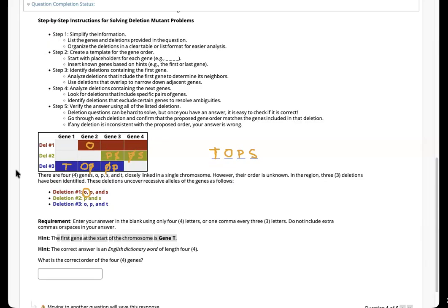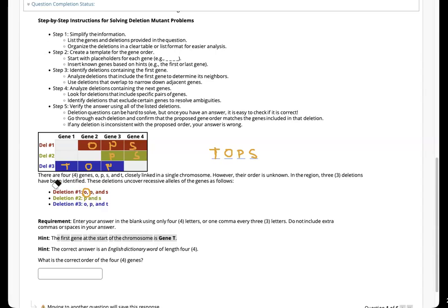And as step 5 says, let's go through and make sure it all makes sense. I'm going to write this one as TOP. This one would be P and S, right? And this would be O, P, and S based on the order of the genes.